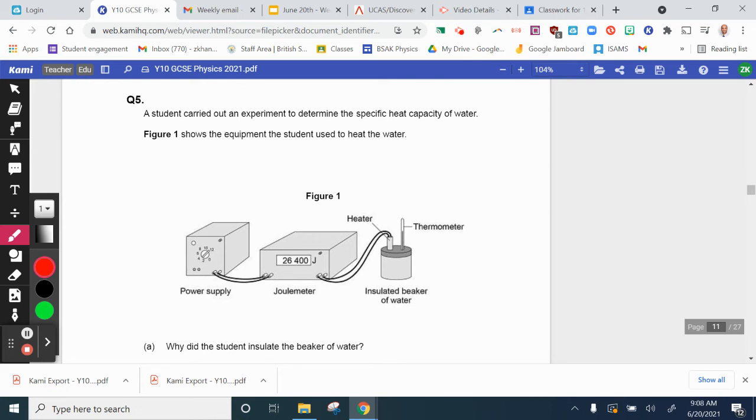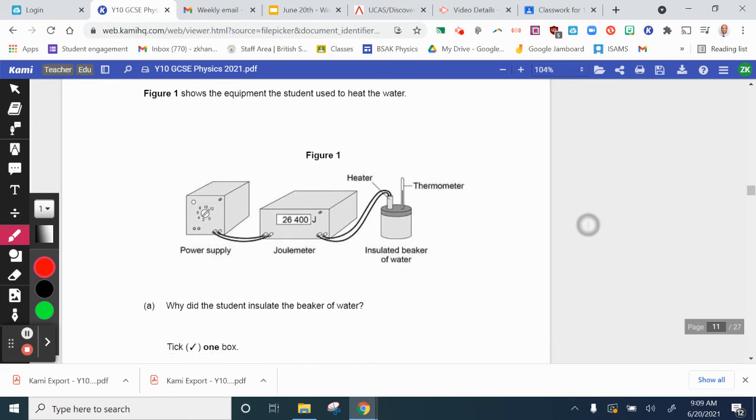So they've got a heater that they've put inside of the beaker of water. They've got a thermometer inside the water as well, firmly insulated, and we can measure the amount of energy that we give to the heater using a joule meter, and the energy supplying the heater is from the power supply, which goes into the joule meter and out and into the heater there.